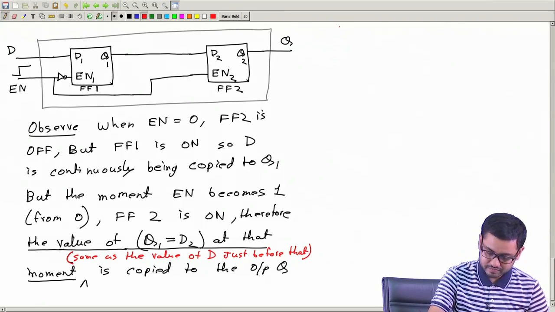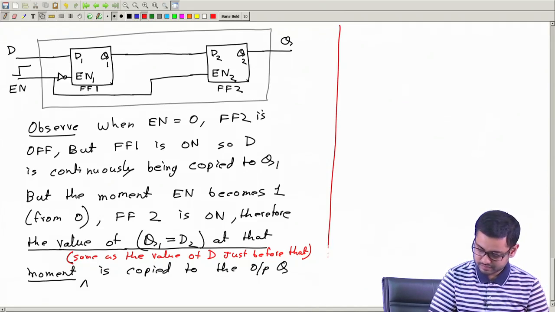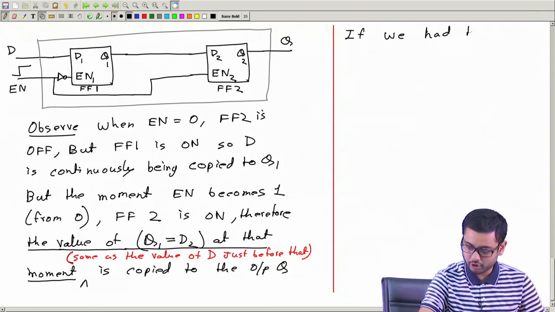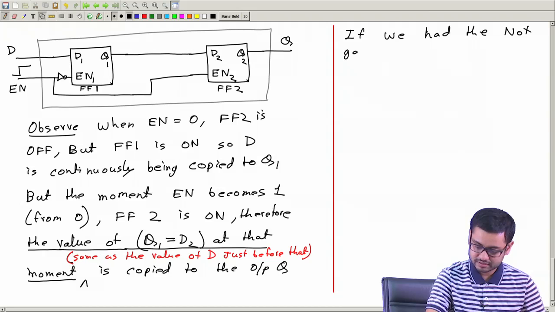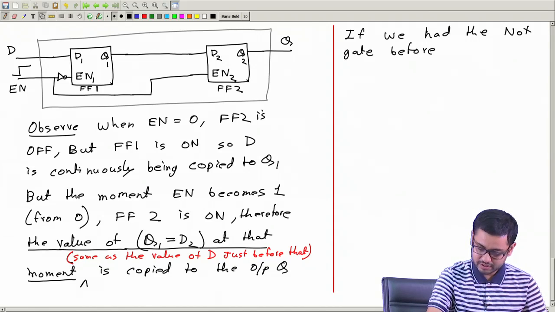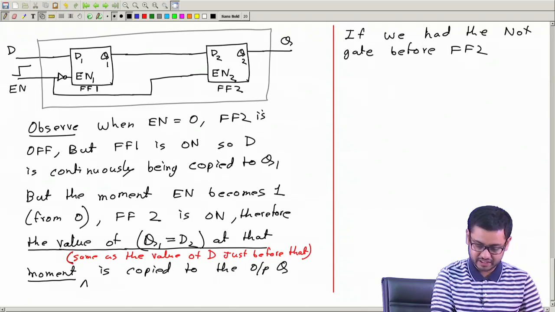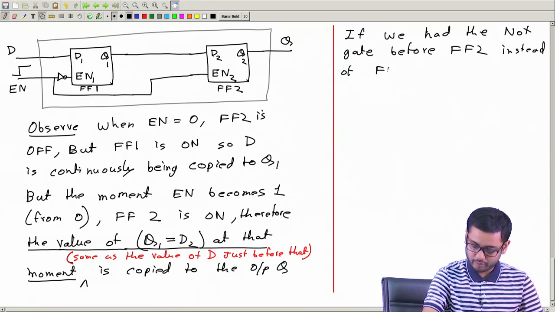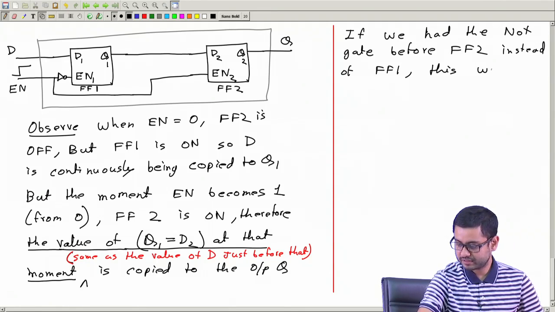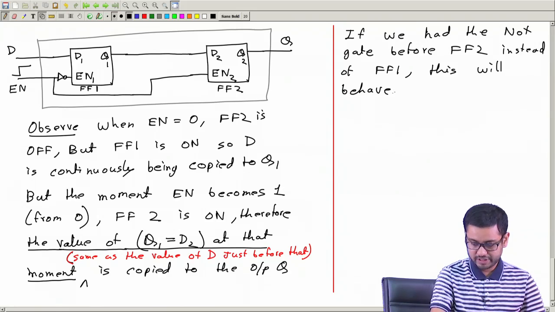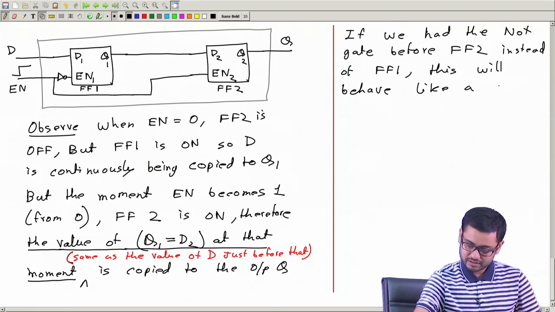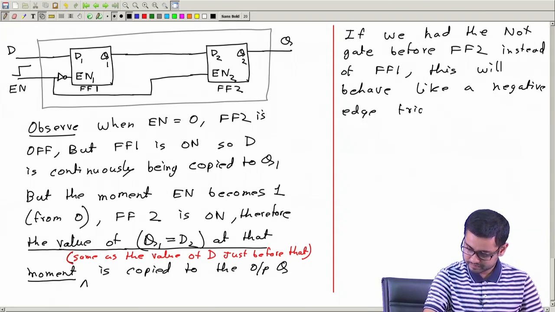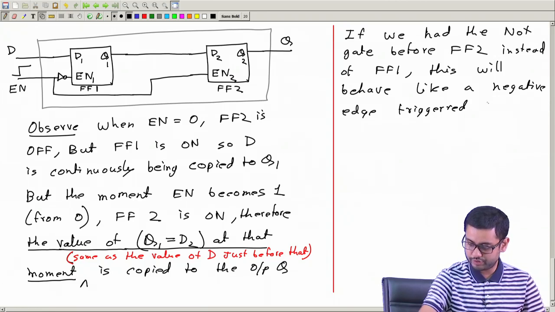So therefore, if we had the NOT gate before flip flop 2, that means here instead of flip flop 1, this will behave oppositely, like a negative edge triggered D flip flop.